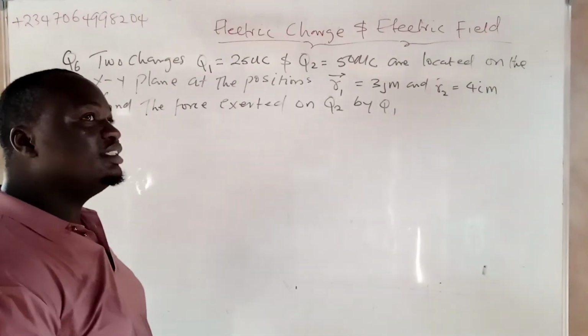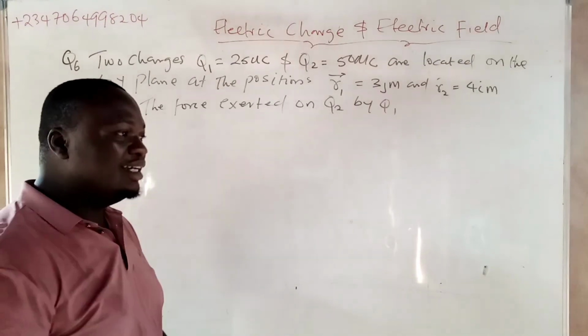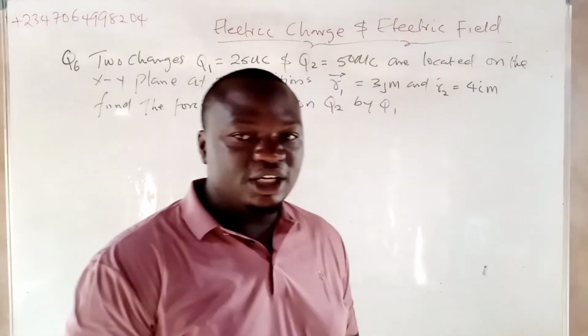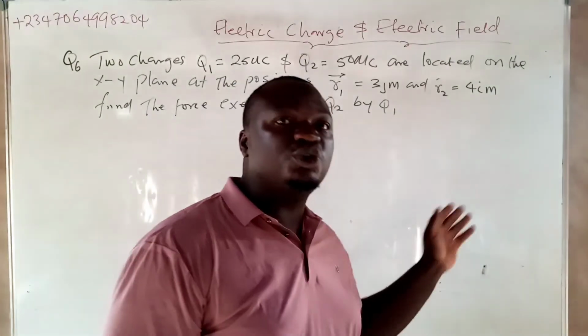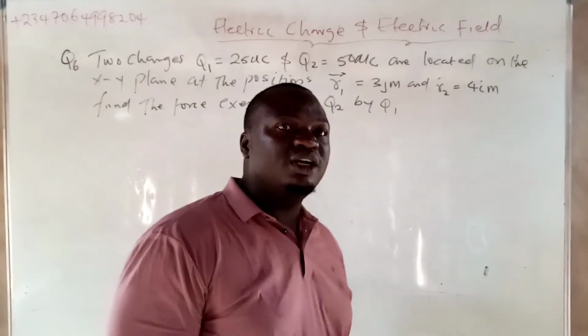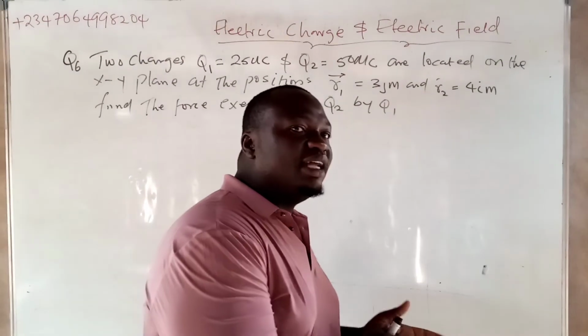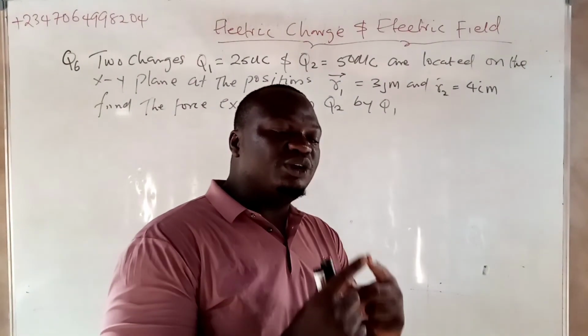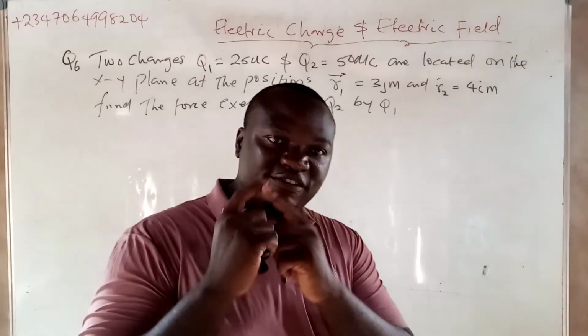This question is simple yet complicated. It means that if you do not remember your first semester physics, or if you do not remember how to solve vectors, you have a problem with this question. What am I talking about? We'll be calculating the electrostatic force, and then we'll be joining it using what we call the unit vector.